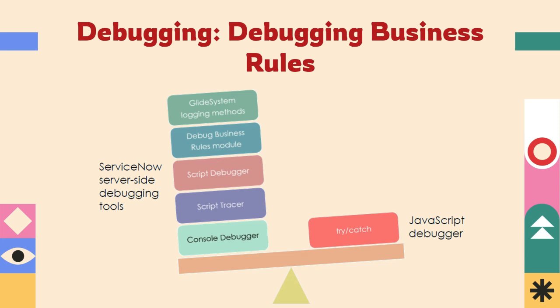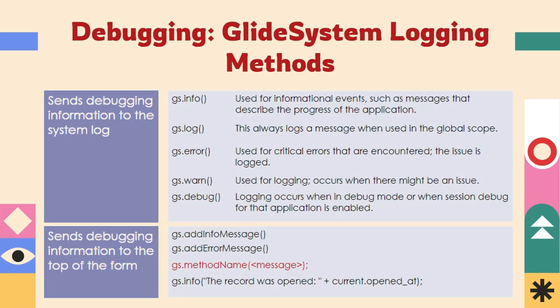And for the JavaScript debugger there is try-catch, which is very popular in JavaScript, but in ServiceNow we can use these methods, which make it very easy to find where our business rule is stuck and what it is doing. So let's move further and see what those glide system logging methods are.